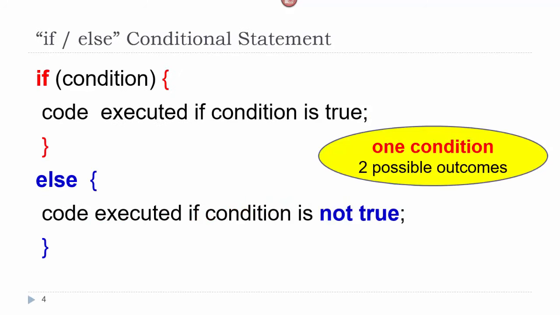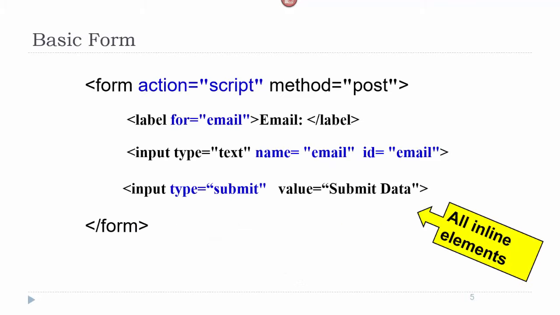We also have an if-else. Here we are testing the same condition with two possible outcomes. If the condition is true, the code inside the curly braces will execute. If the condition is not true, the code inside the else will execute.